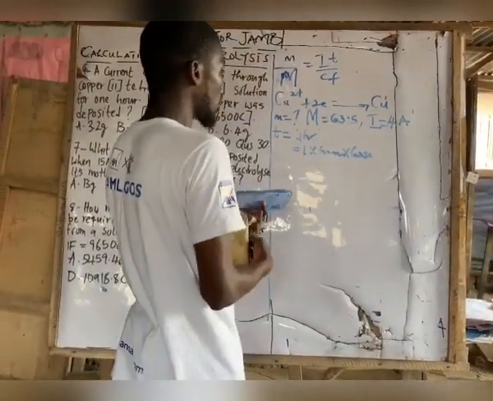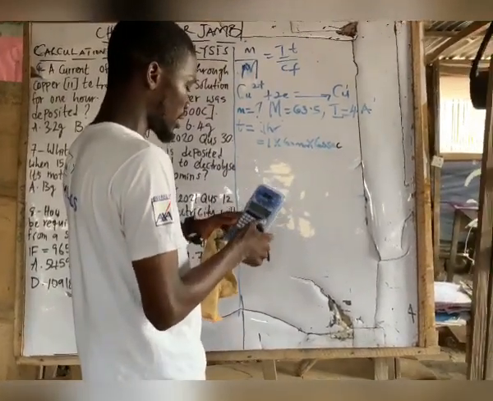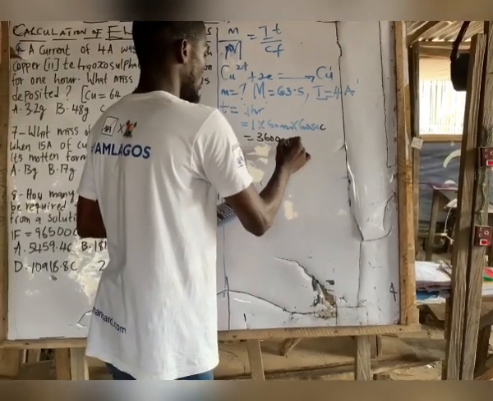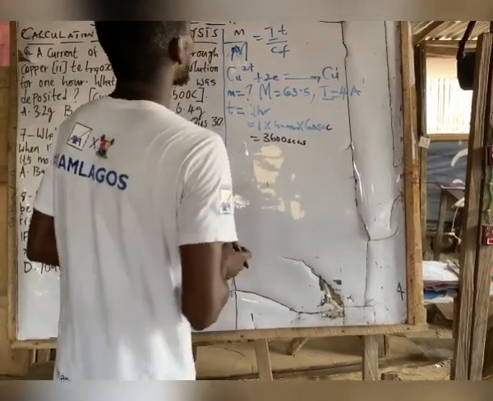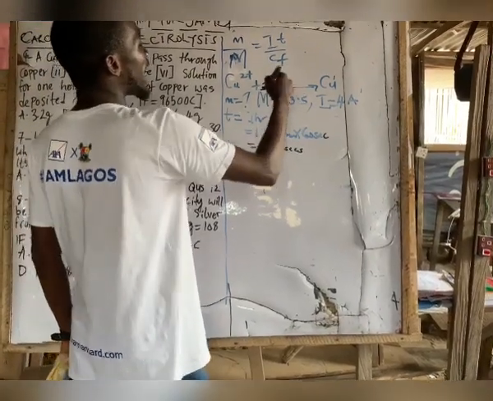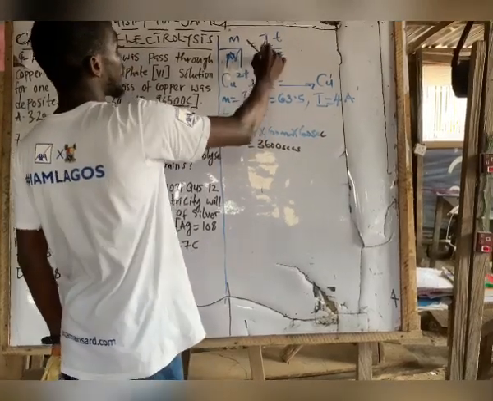So to have that now, we are going to multiply what you have. So we have 1 multiplied by, so we have this seconds. So our C here is 2. Then our F, we all know, is constant. So with that, let's cross multiply and look for our mass.